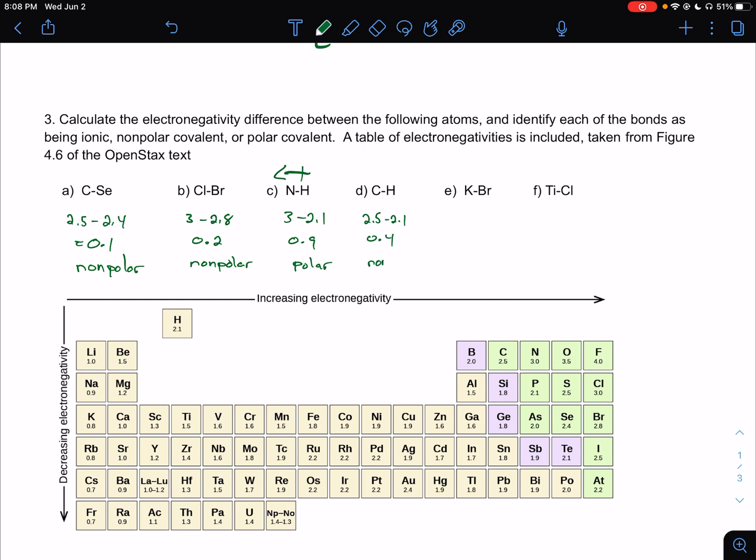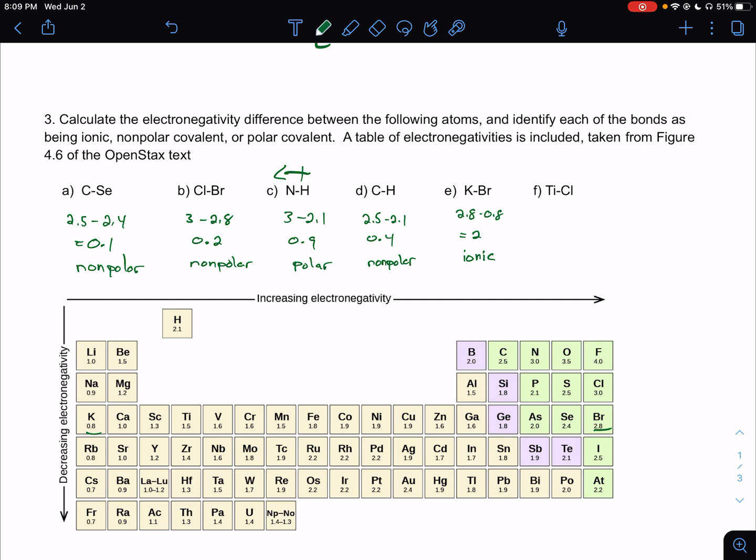This is a non-polar bond. KBr, 2.8 minus 0.8 equals 2. So this is ionic, which is hopefully what we would have predicted from something on the metal and a non-metal.